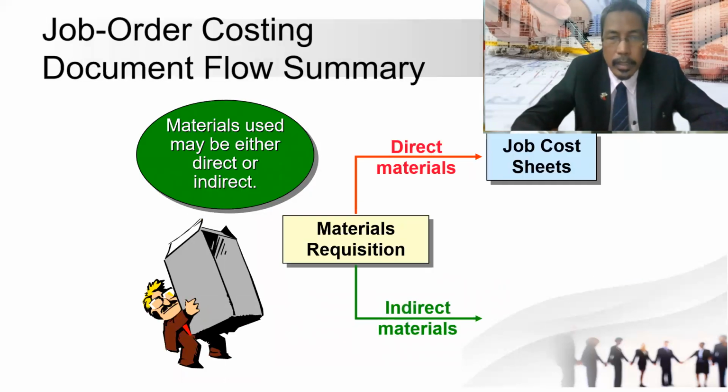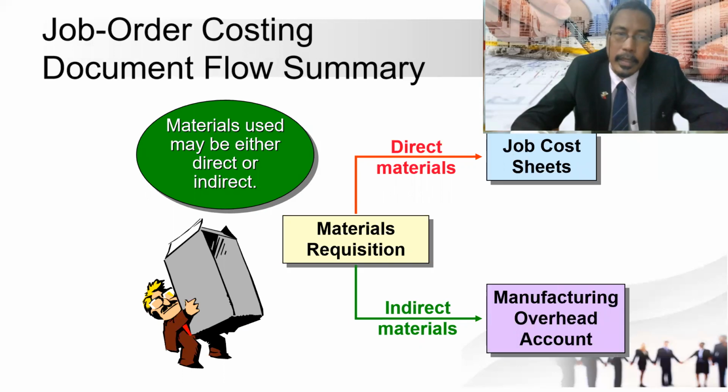So triggering the job order operation would initiate ordering first of material to be used, maybe either direct or indirect materials. Okay? Material requisition have to be ordered.